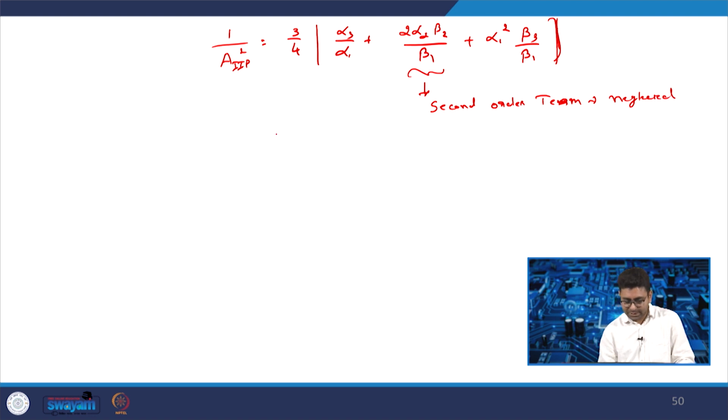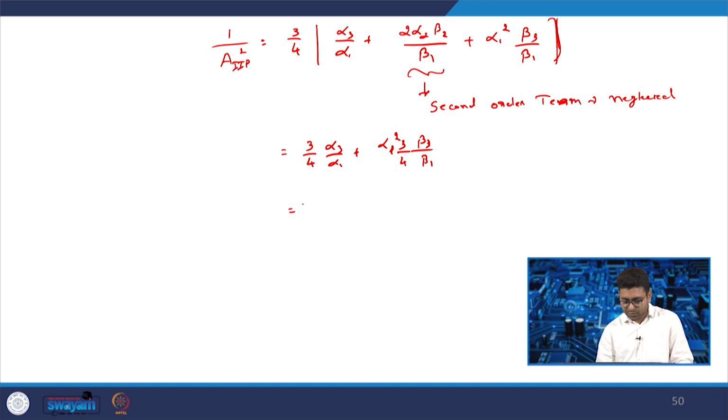So, you can write this equation as 3 by 4 alpha 3 by alpha 1 plus alpha 1 square beta 3 by beta 1.